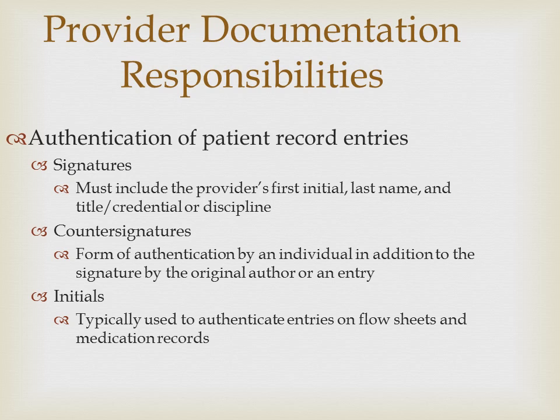Counter signatures are those signatures in which an additional person, like an additional provider, can sign off on a record that's already been signed off on. That's called counter signatures. Now, countersigning individuals must be qualified to be able to do that type of authentication.